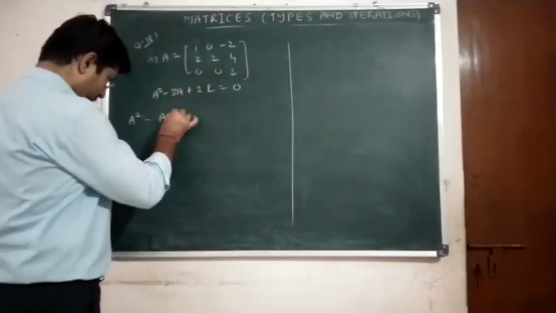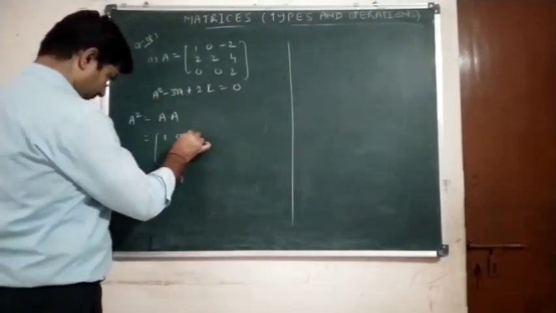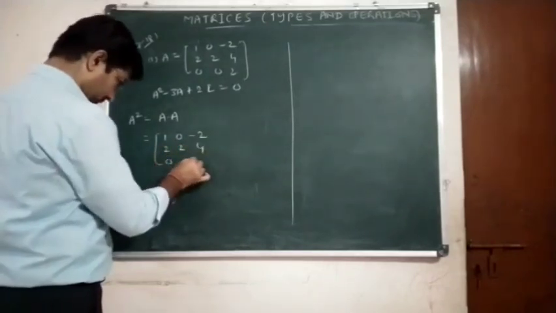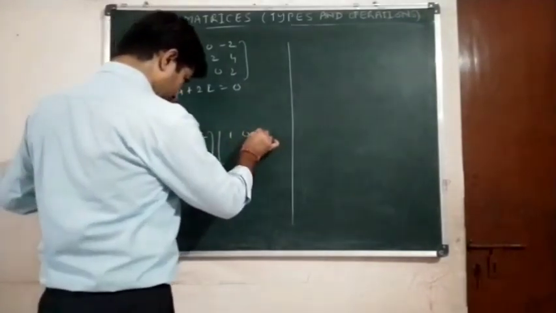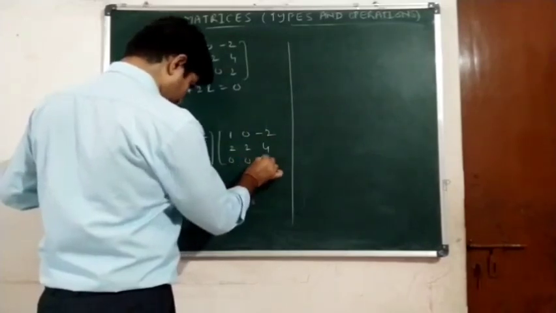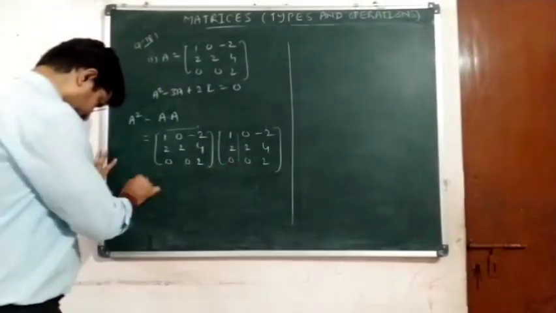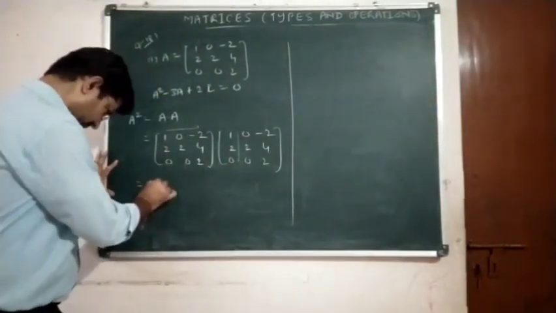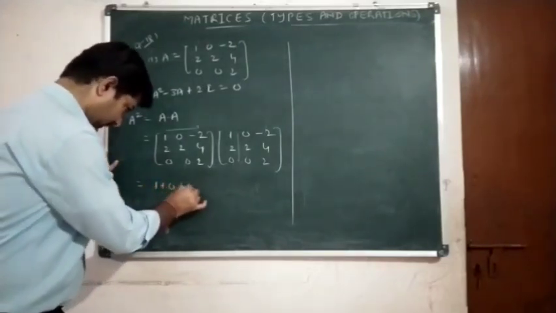A square is equal to A into A, which is equal to [1 0 -2; 2 2 4; 0 0 2] into [1 0 -2; 2 2 4; 0 0 2]. So row into column. 1 1s are 1 plus 0 plus 0.